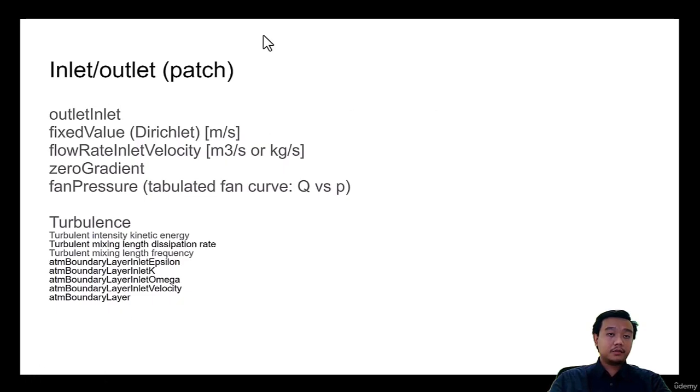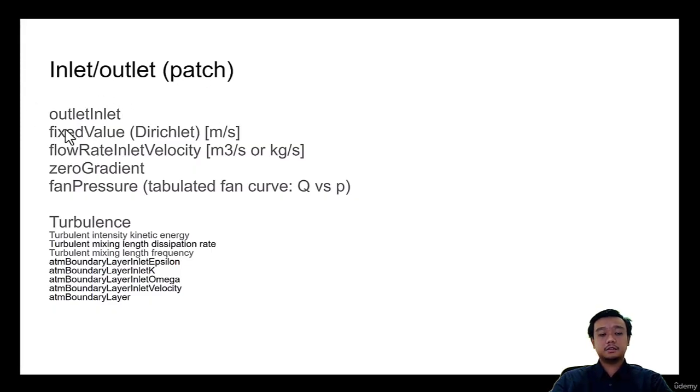Then for the inlet and outlet, which we usually define as patches when we are editing or coding the blockMesh. For the patch, we can use the inlet and outlet, and the typical treatment is like an entrainment or free region, where flow can go inside the domain or go outside the domain.